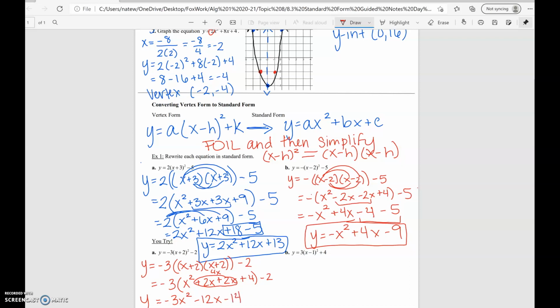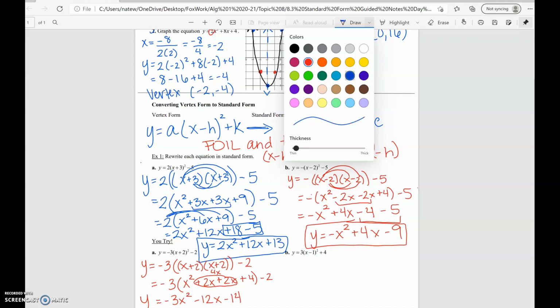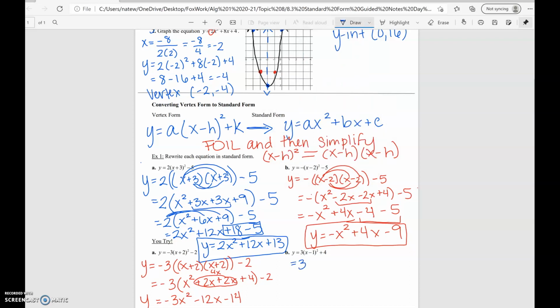I ran out of room, so I just rewrote it. All right, and then the very last one, same idea. We're going to be doing (x minus 1)(x minus 1), and then adding 4. So then we're going to get x squared minus an x minus another x. And if you put the 1 there, it's okay. You don't need it.